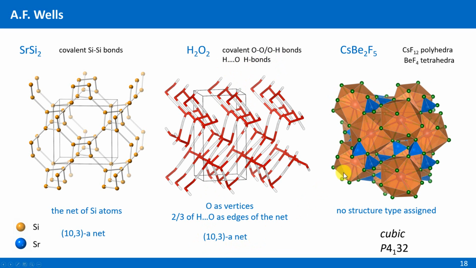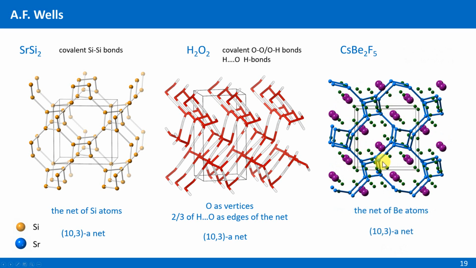And in this compound, well, these beryllium fluoride 4 tetrahedra are, analogous to the zeolites, exclusively corner connected. So the fluorides can be omitted, and if we now connect the beryllium atoms, then we have again a 10-3A net with 3-coordinating beryllium atoms.